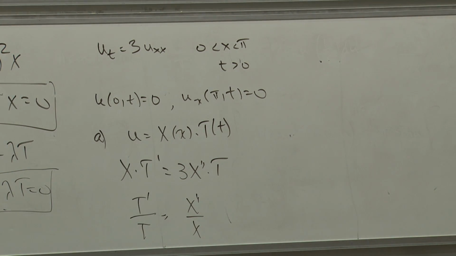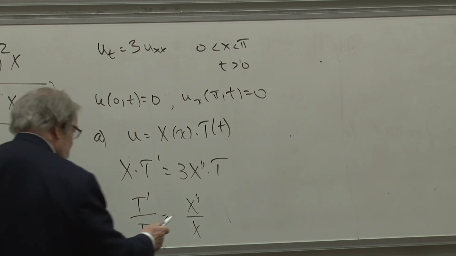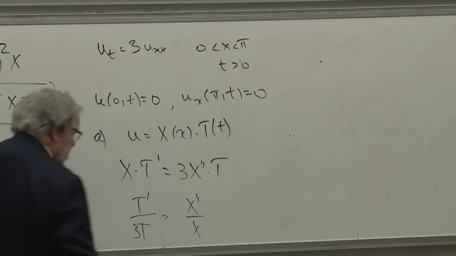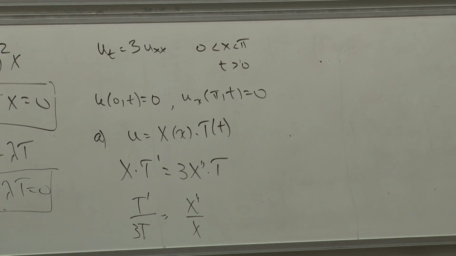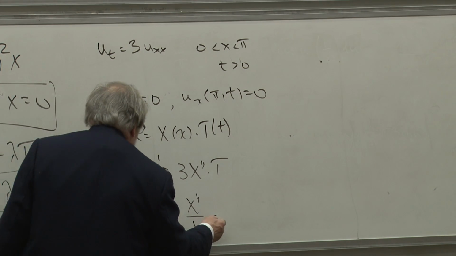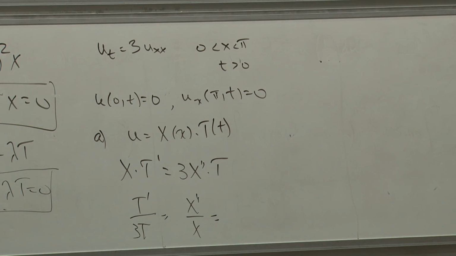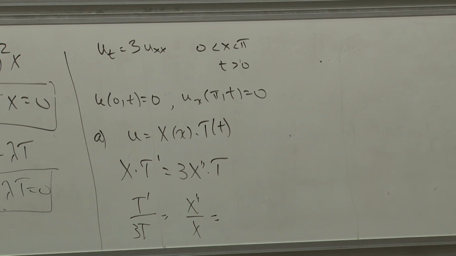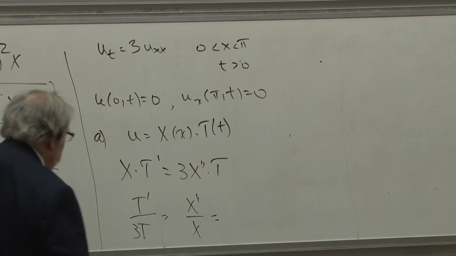The 3 can go on either side, but in general, it's in the way to some extent. If we have it there with the x, it's better off pushed off to the time part of things, since the equation for time is less of an issue.